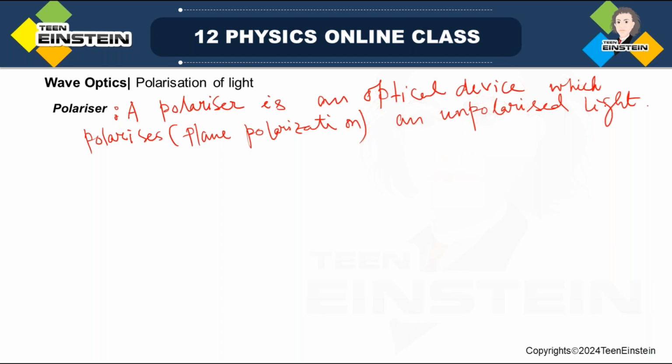A polarizer is an optical device which polarizes an unpolarized light. The nature of the polarization that a polarizer can have is plane polarized light.